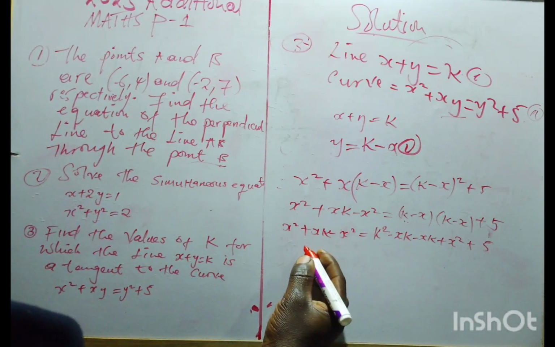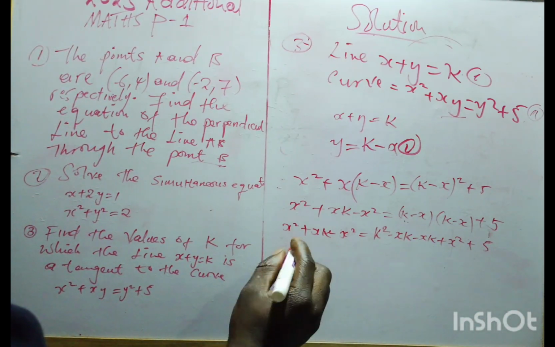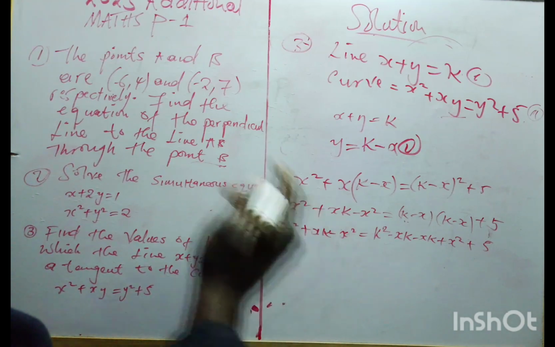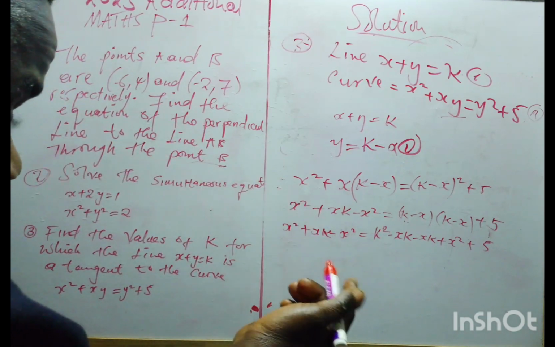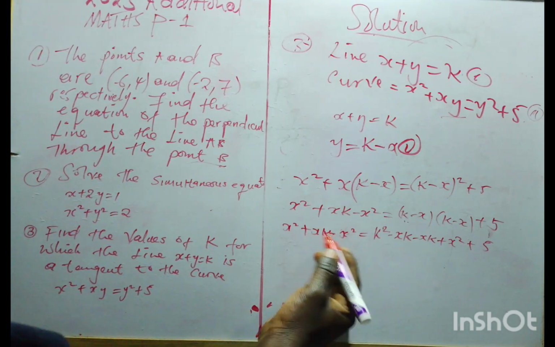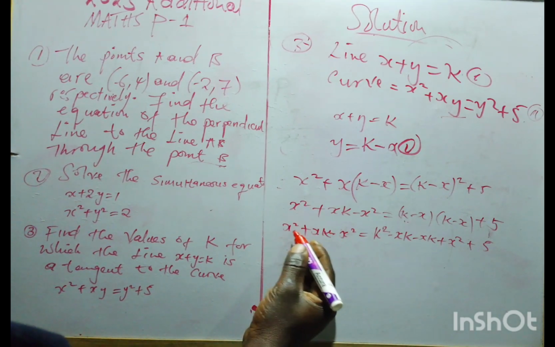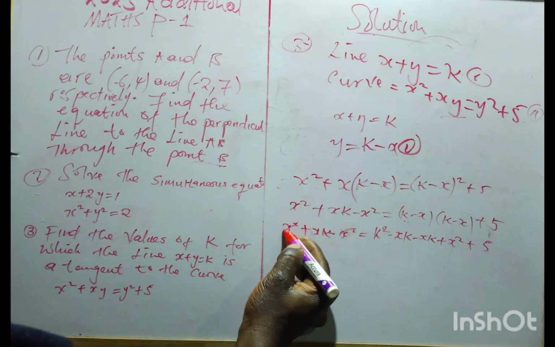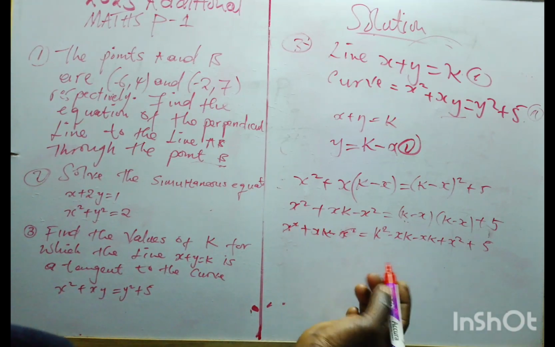Okay, in which if you reach here, you can see the terms which are the same, and those terms we can cancel. So we have minus x squared and positive x squared, so this one cancels because x squared minus x squared will remain with 0.